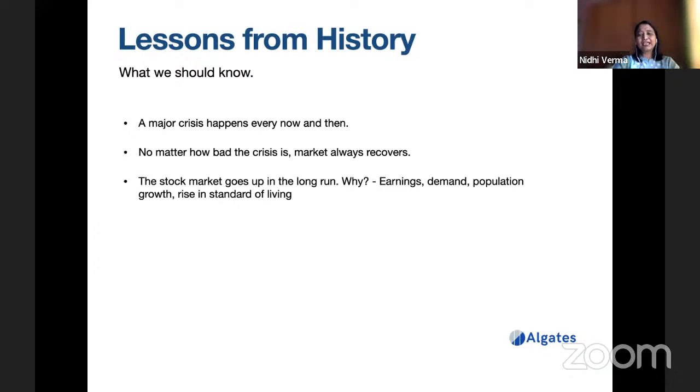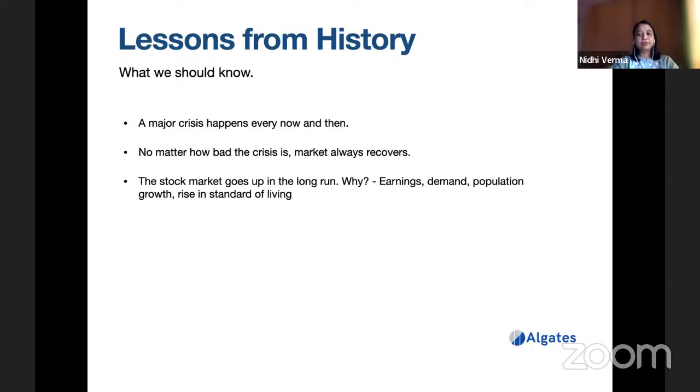It almost took like two months or around that time for the markets to come back to the same level. So over period of time, we have seen that the markets always recover, and they then cross new highs. They make new highs, and also the time taken by the market to recover is becoming shorter and shorter with time. And the stock market has its own trajectory, which is in the long term always going up.